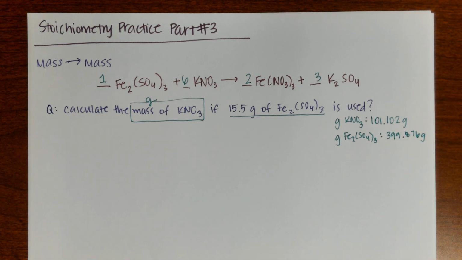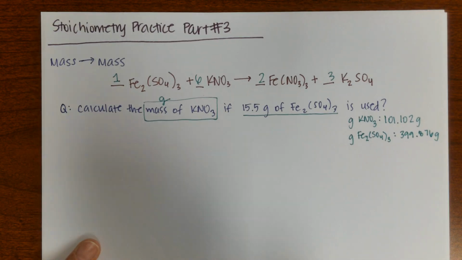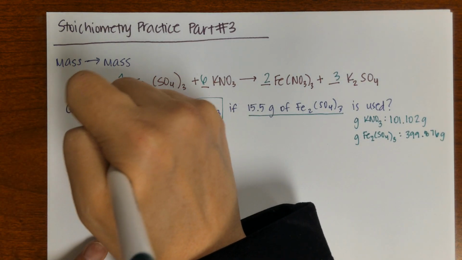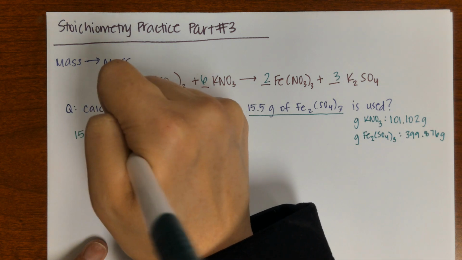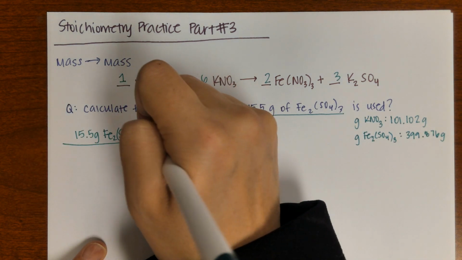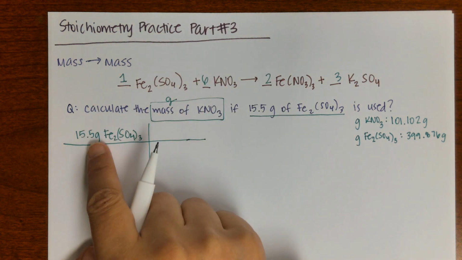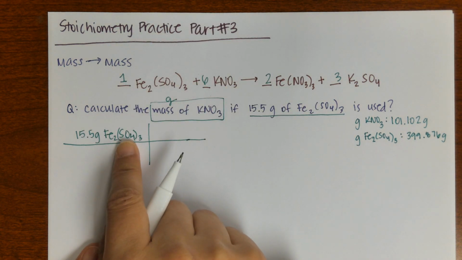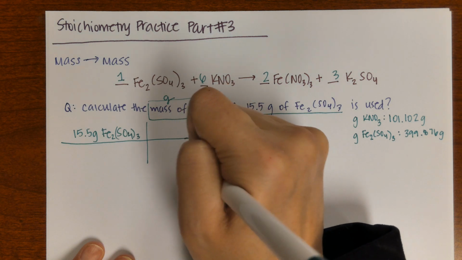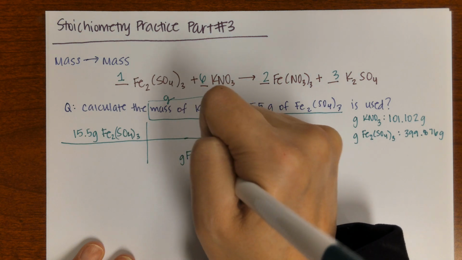So now we have these ready to go. We're going to put them somewhere in our train tracks. We start with our given, and always include the units, because that helps us in the next step. We have grams of iron 3 sulfate. Drag that down diagonal, and then we do our numbers.